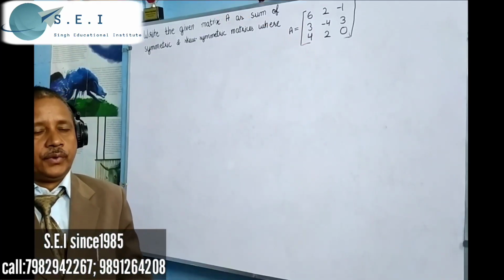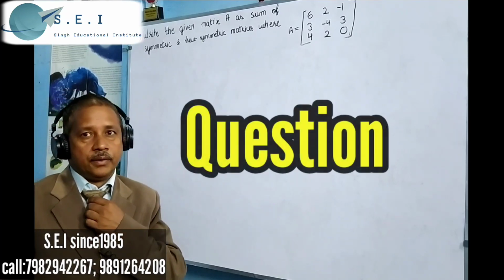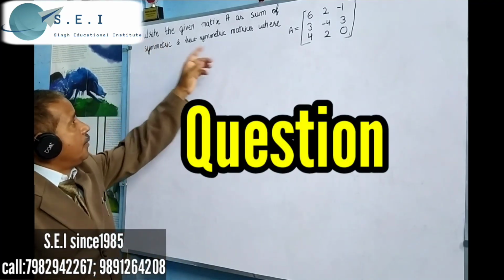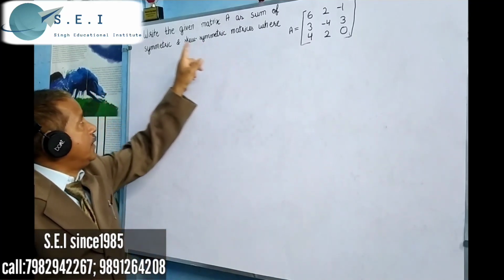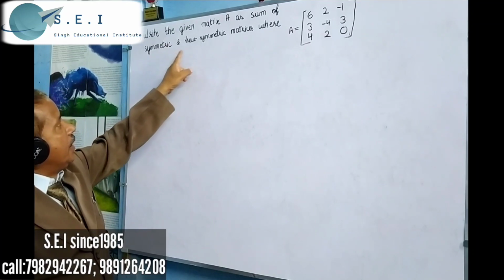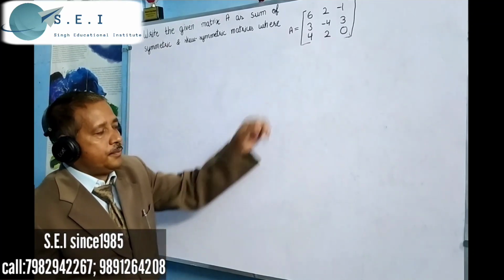Now, take an example of a matrix A. Matrix A, we have to write as a sum of a symmetric and a skew-symmetric matrix.